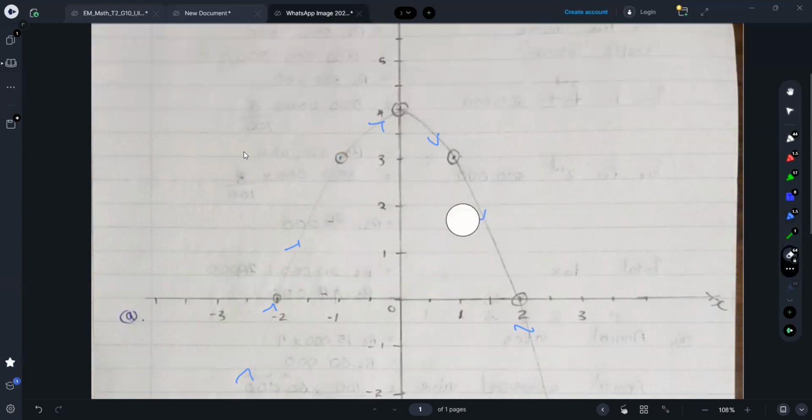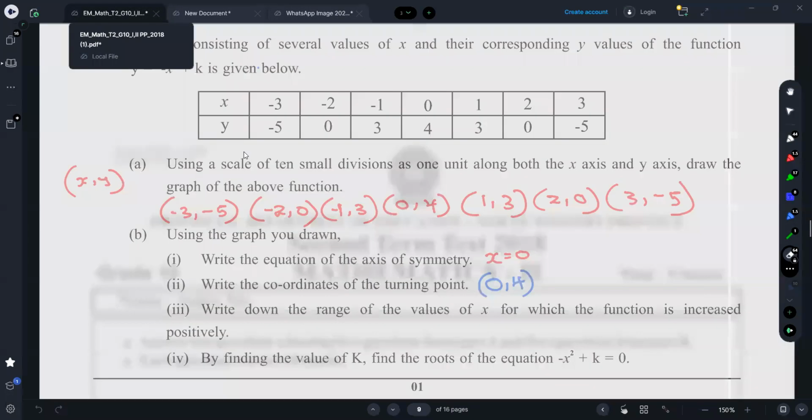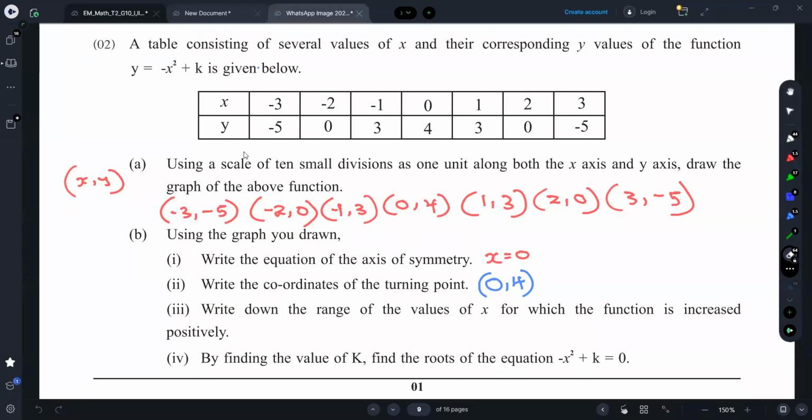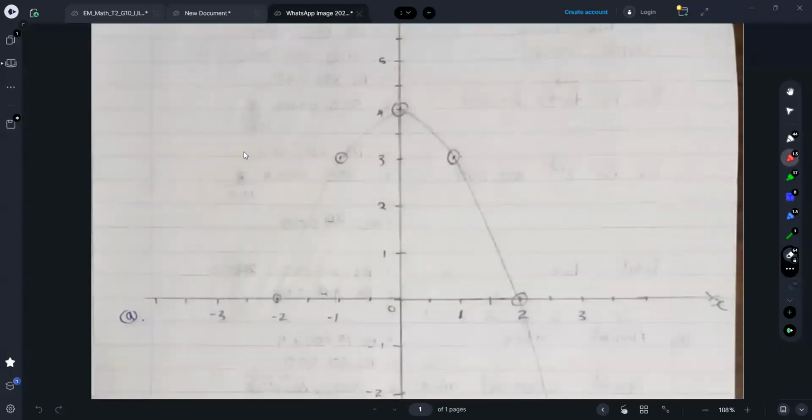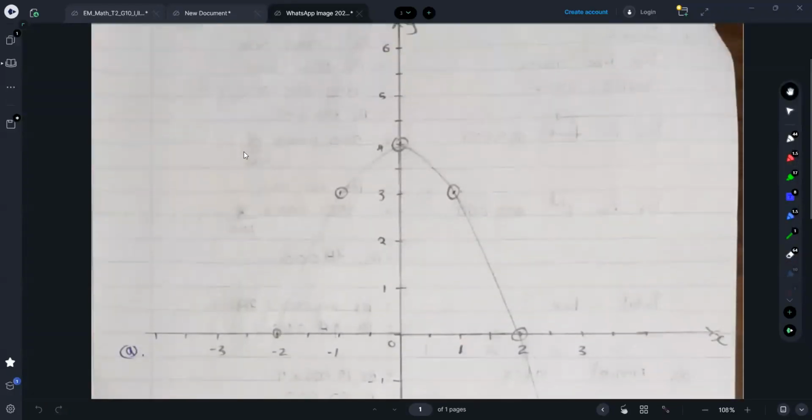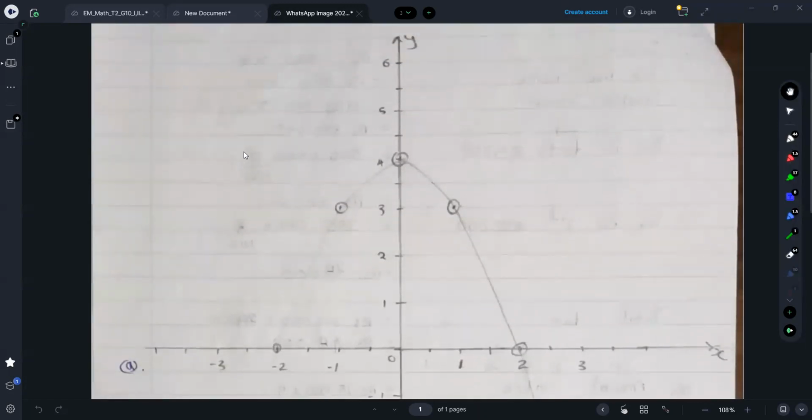Then here, function is increasing positively. Now, the function means the y values. Then increasing positively. Here, positive means above the 0 line. 0, 1, 2, 3, 4 up to 4.